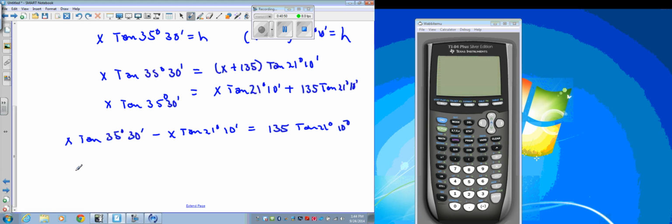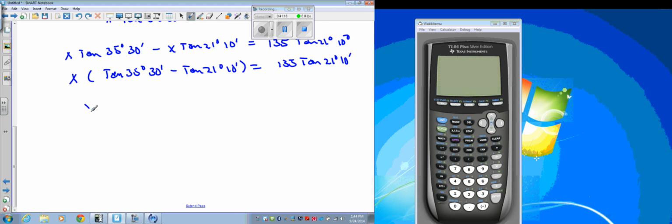I'm going to factor my x out: tangent 35 degrees 30 minutes minus tangent 21 degrees 10 minutes equals 135 tangent of 21 degrees 10 minutes.